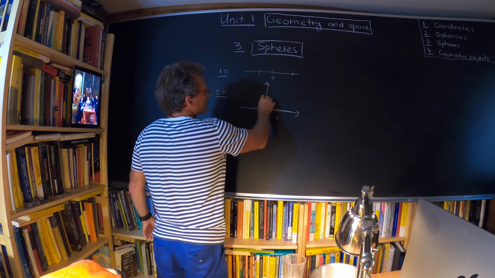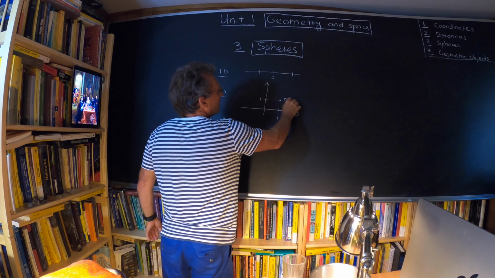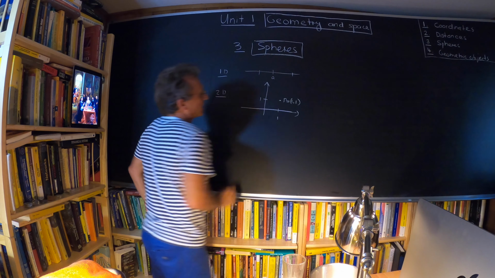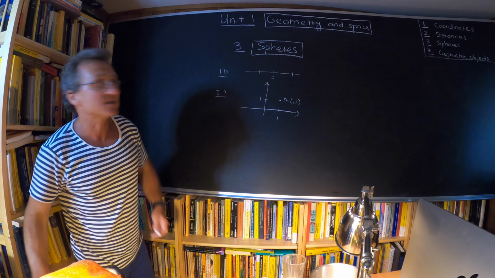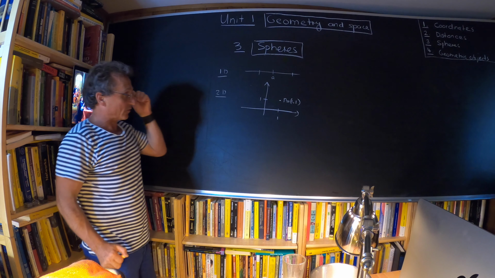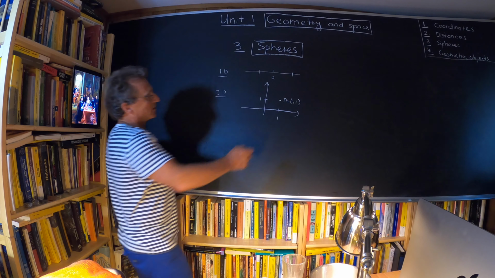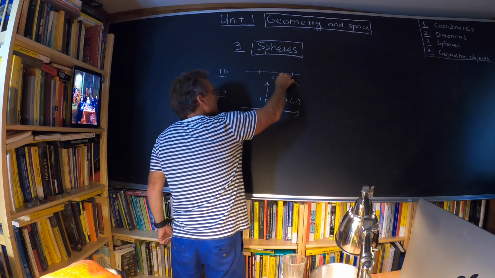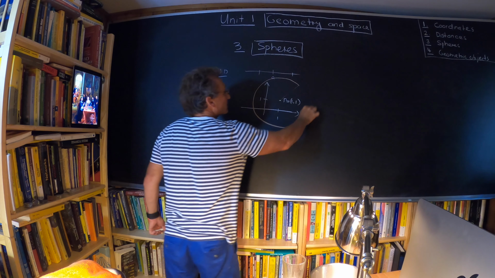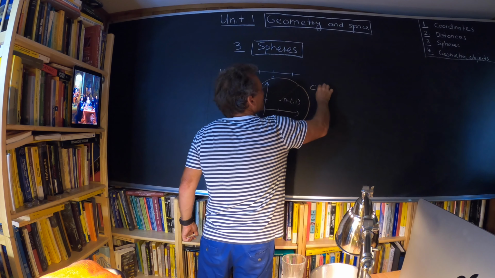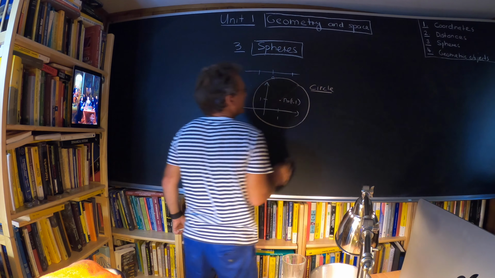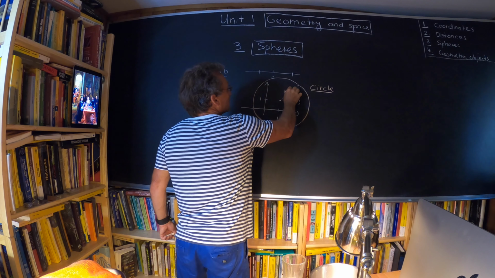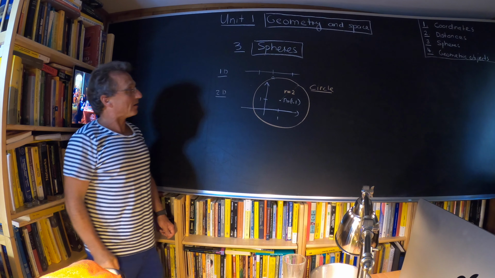For example, if we have the point 1, 1, and we are interested in all points which have distance 2 from that point, we draw a radius, and then we draw the circle around it. So this is the circle, and this is the radius, usually denoted with r.